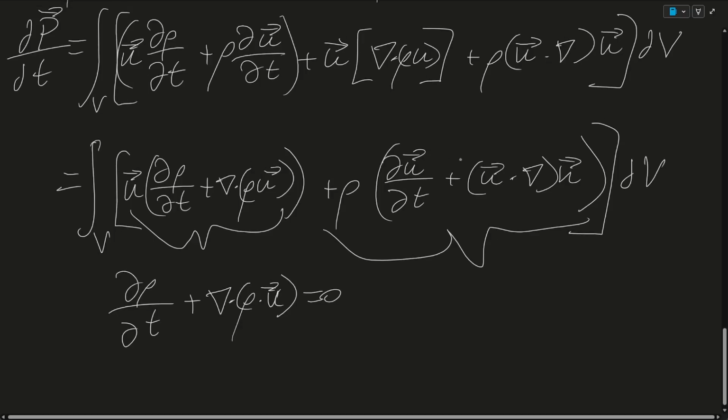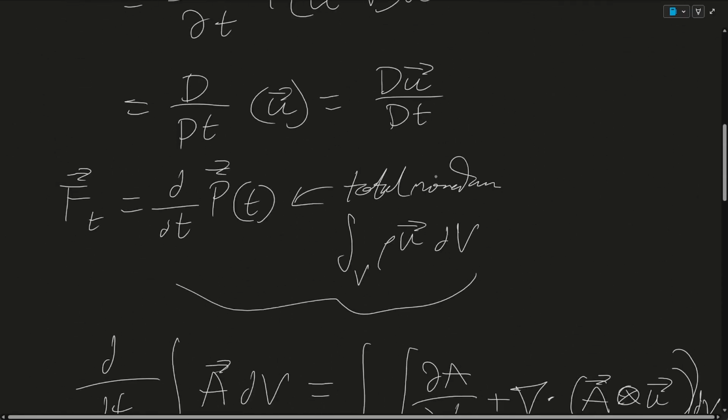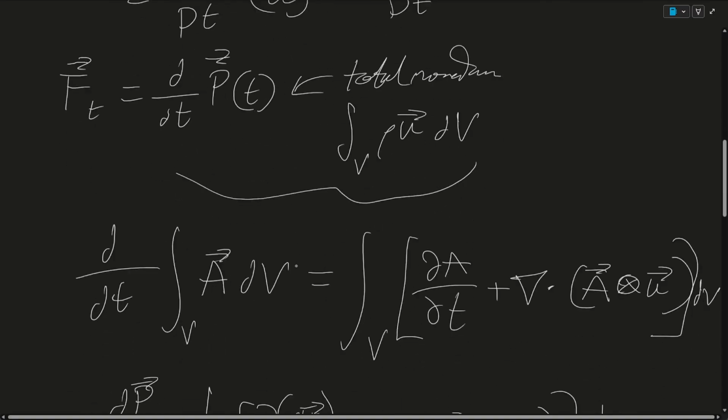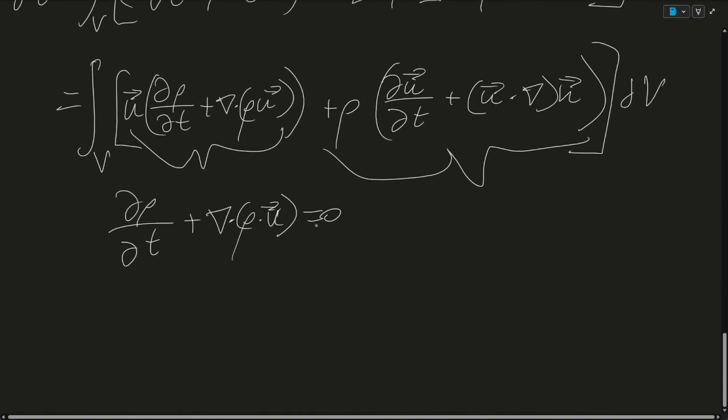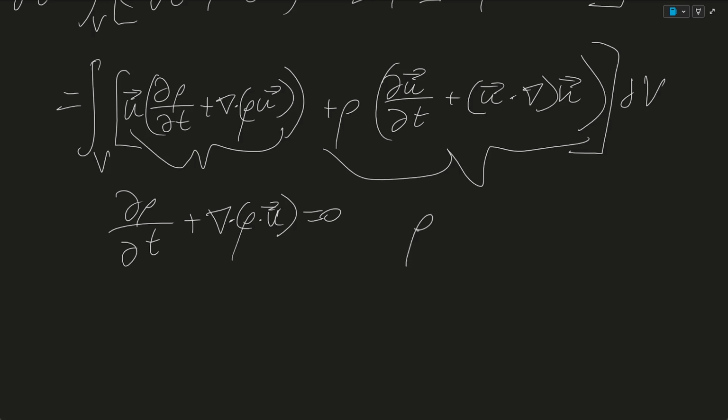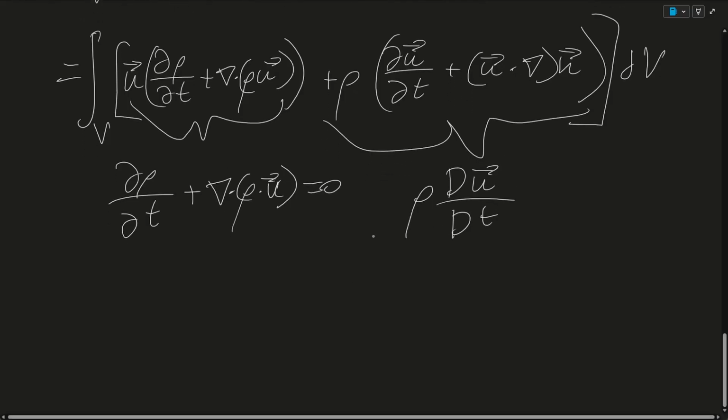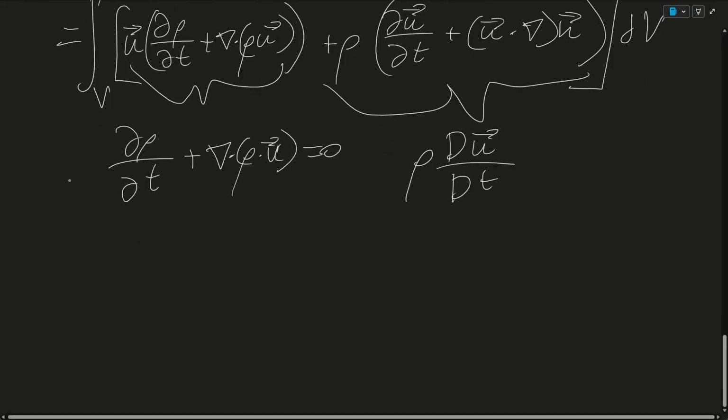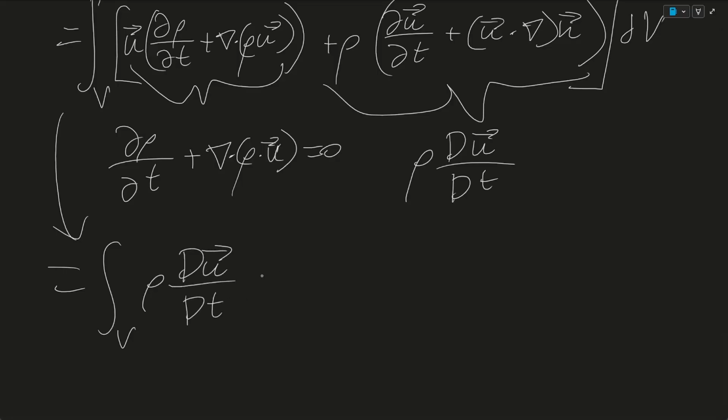And this term should spark some interest because it's the material derivative from up here. So that's 0, and that's just rho Du/Dt. And so we can say that this is equal to the integral over v of rho Du/Dt dv.